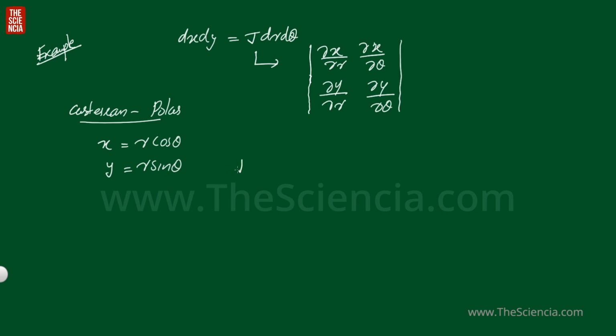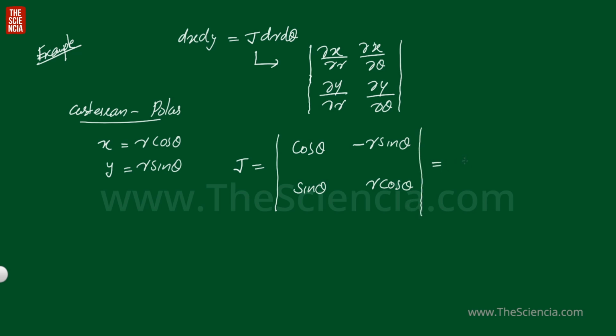So what will be the Jacobian? Jacobian j equals dou x by dou r, that is cos theta, and dou x by dou theta, that is minus r sin theta, and dou y by dou r, that is sin theta, and dou y by dou theta, that is r cos theta. So what we get when finding the determinant of this matrix?